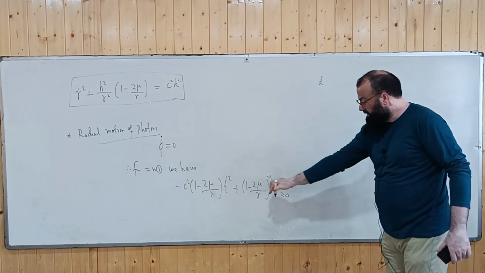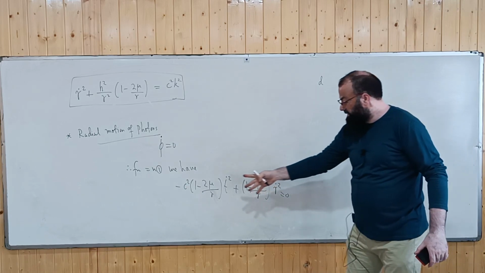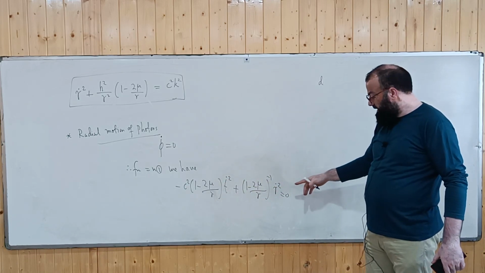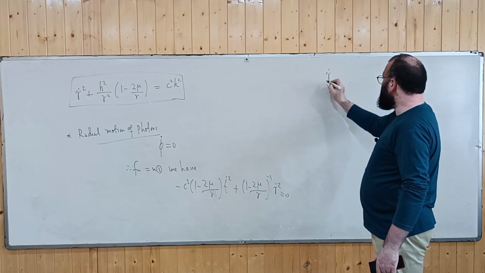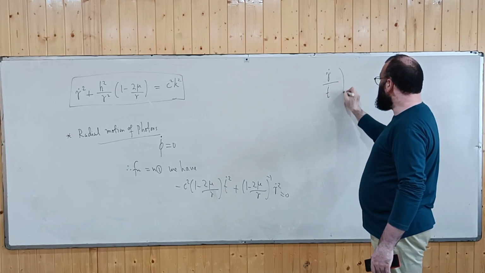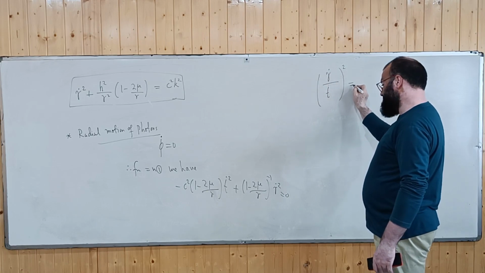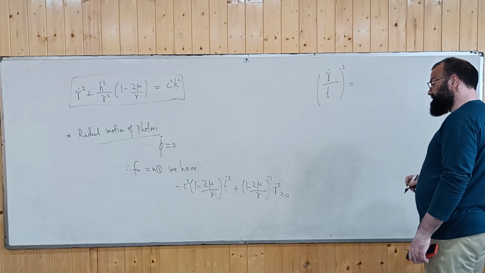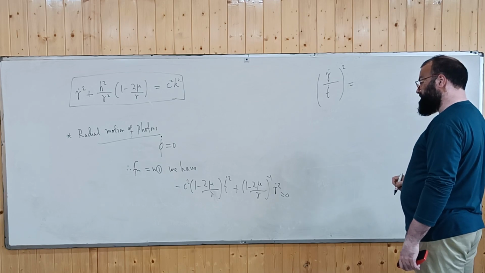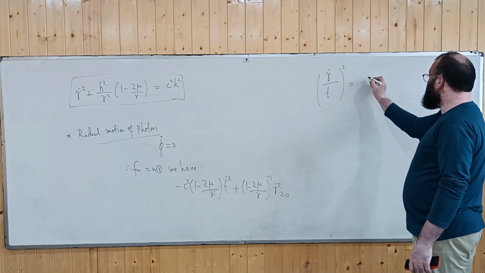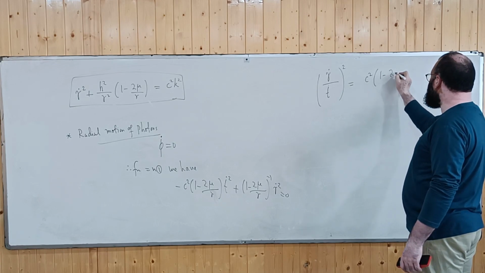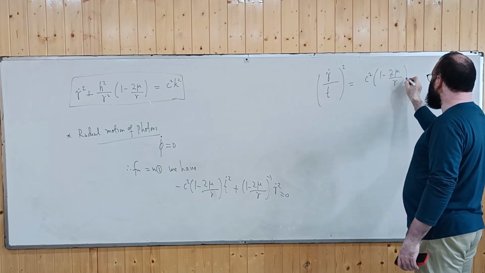You can take that on this side, then what you will have is r dot by t dot whole square. How much is that? It's c square into 1 minus twice mu by r, whole square.